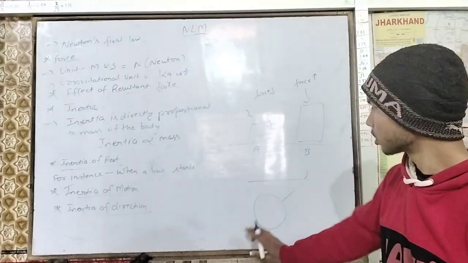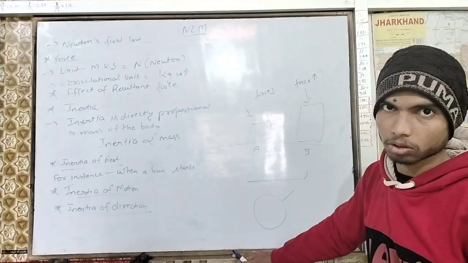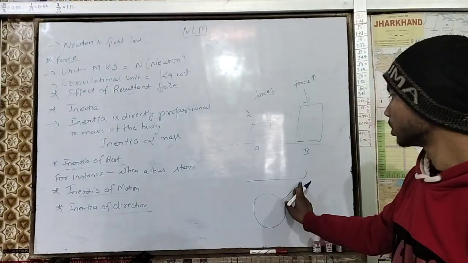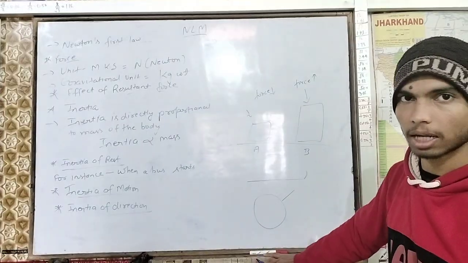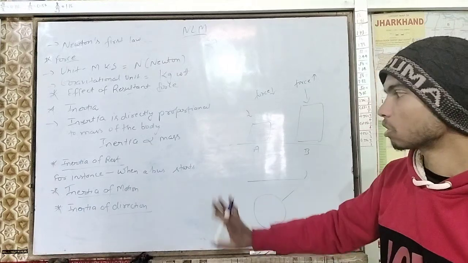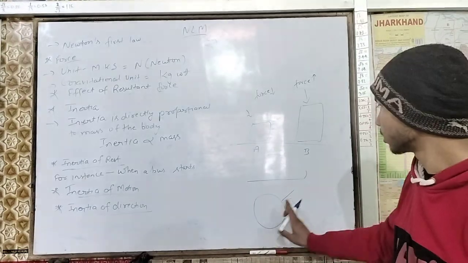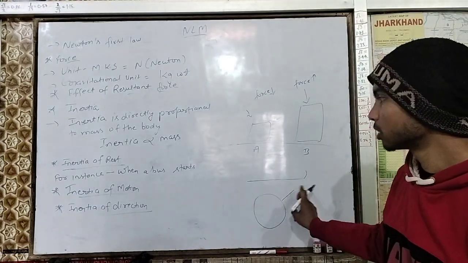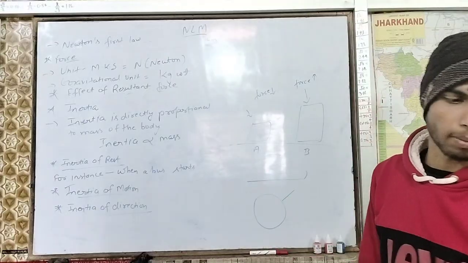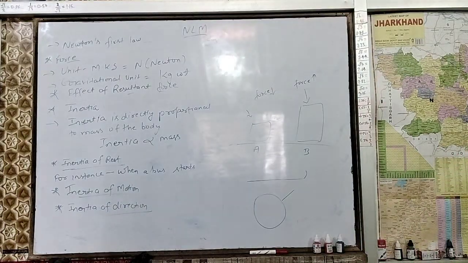For this direction we will have to apply force so that the object can come into this direction. This phenomenon is known as the inertia of direction, and the object will come into this direction when external force is applied. Okay, this was about inertia of direction.